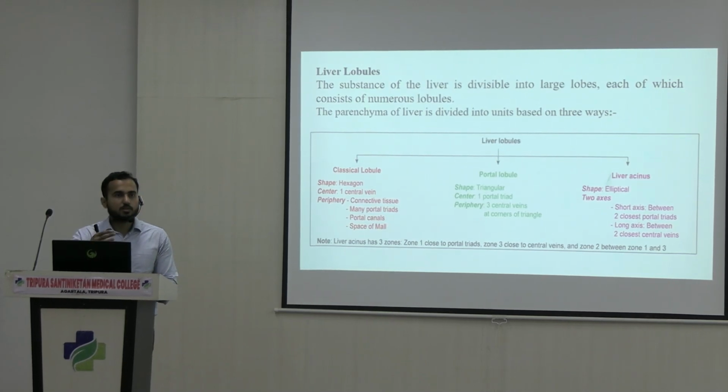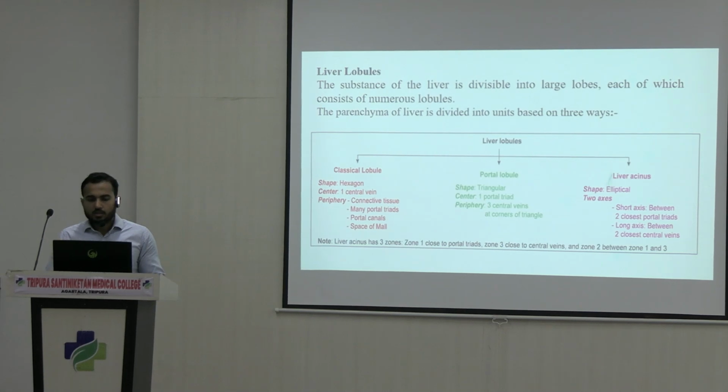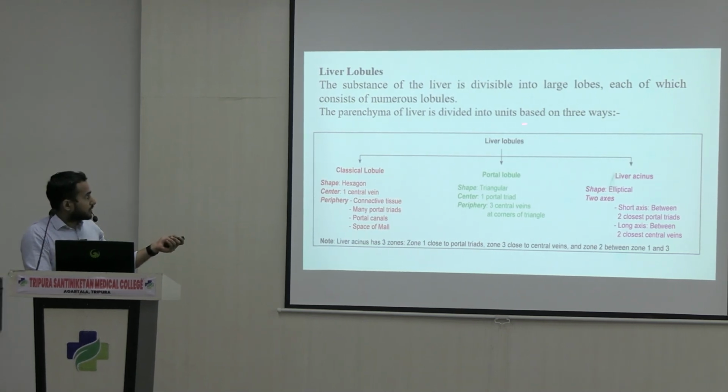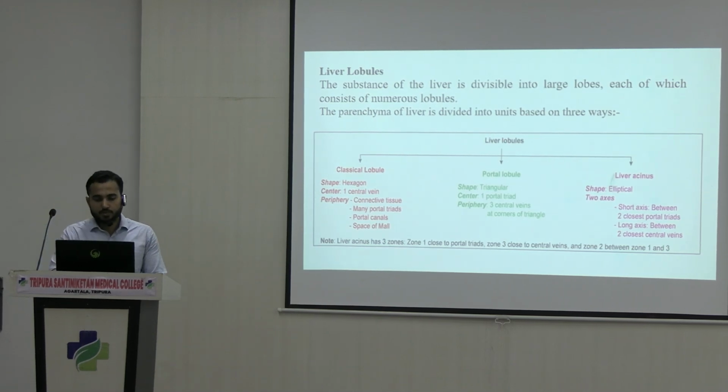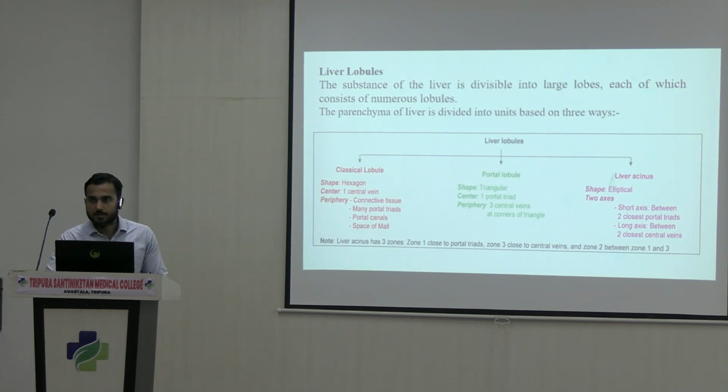Like this only we have to study the microscopic structure of the liver. Suppose you pick one lobe, inside that 3 lobules are there. So the parenchyma of the liver is divided in 3 ways. What are those 3 liver lobules? As you can see, the classical liver lobule, the portal lobule, and the liver acinus.